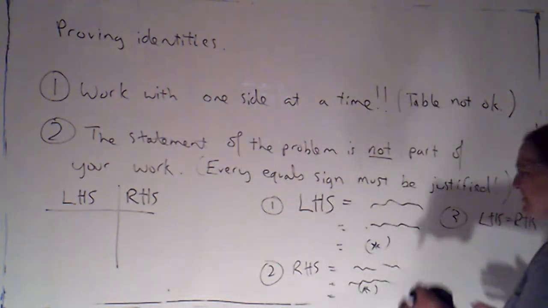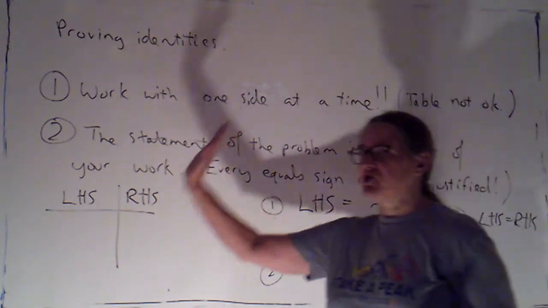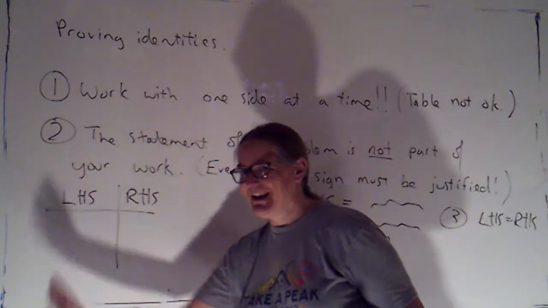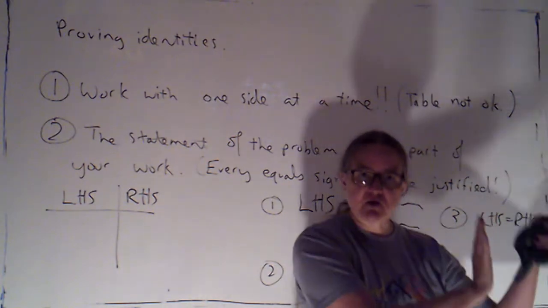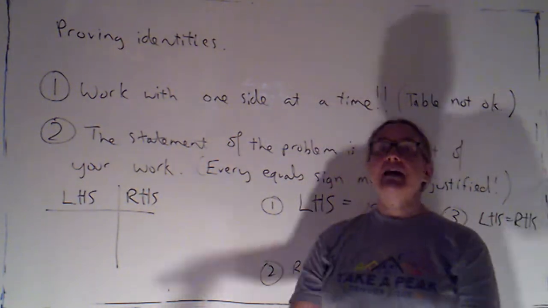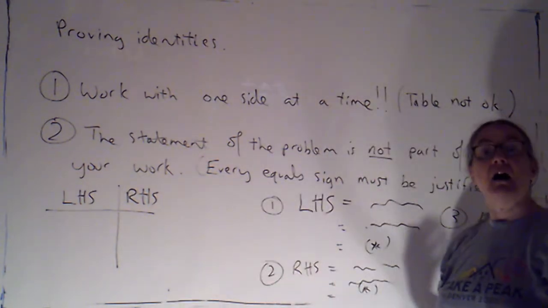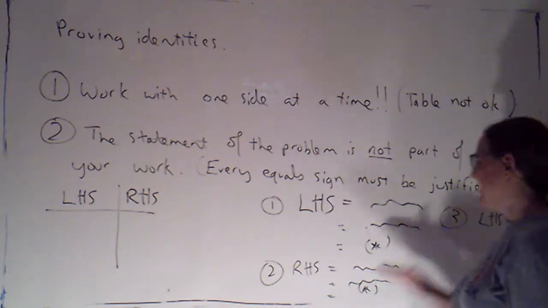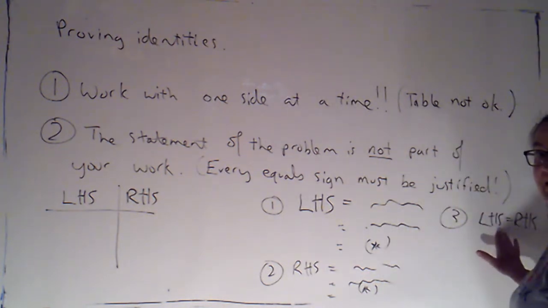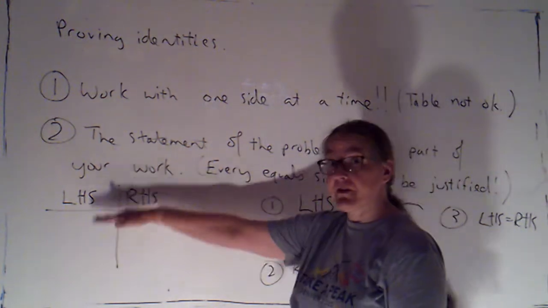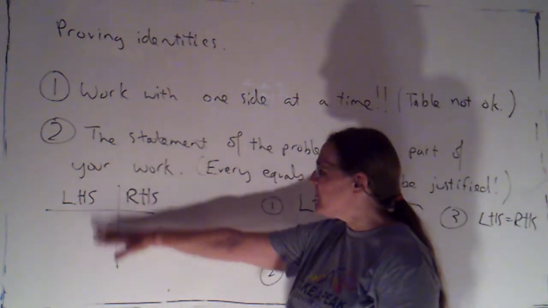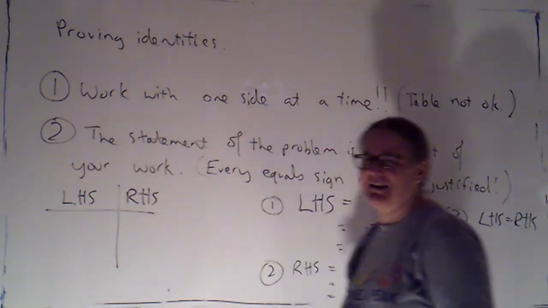And it really obscures the fact that this work was just with the left side. That work was just with the right side. And then I took a step back and I said, they simplified to the same thing, thus they are the same. Okay. So I don't want to see, even though some of you might have done things like this before, just a table where you're simplifying each thing.